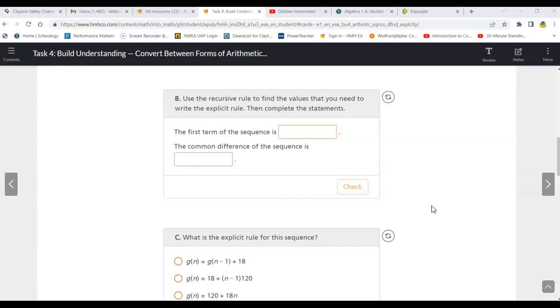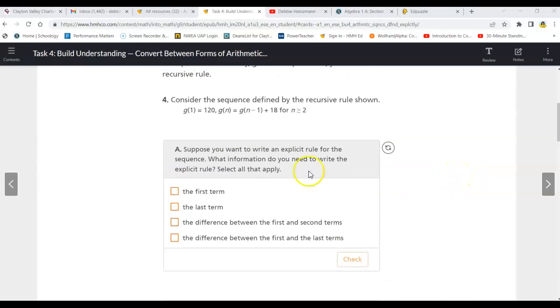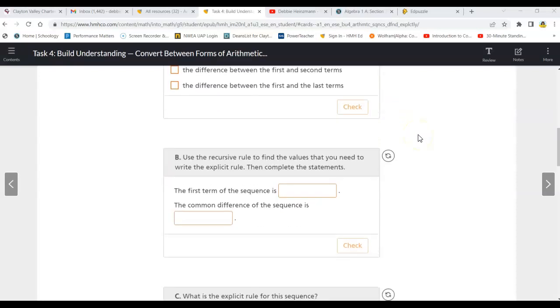You're going to pick that up from this first part right here. I should have said this earlier, but please write this down exactly this way because you're going to need it. The term you want is given by the previous term plus 18.